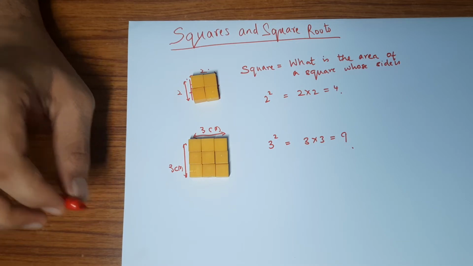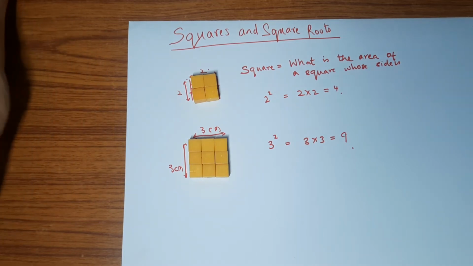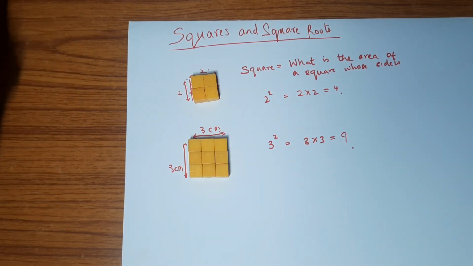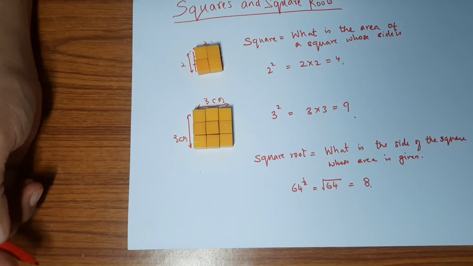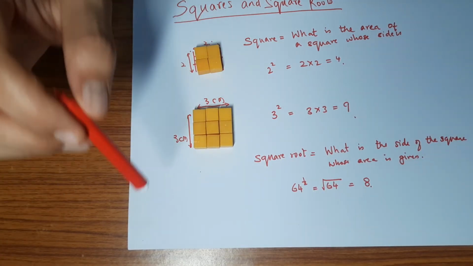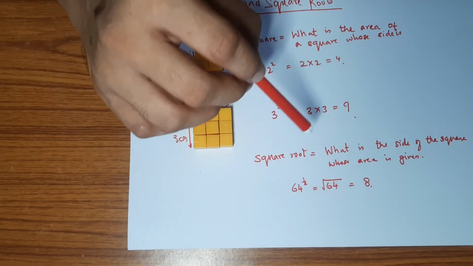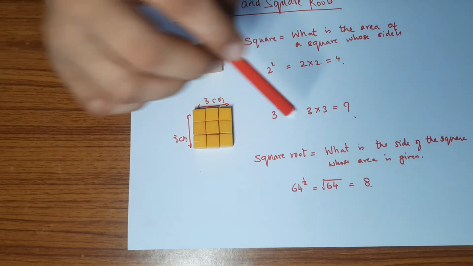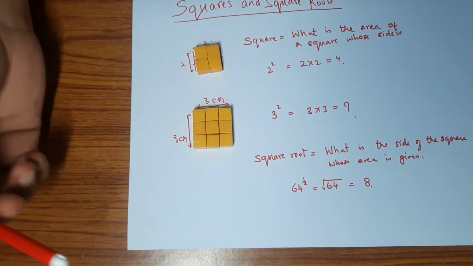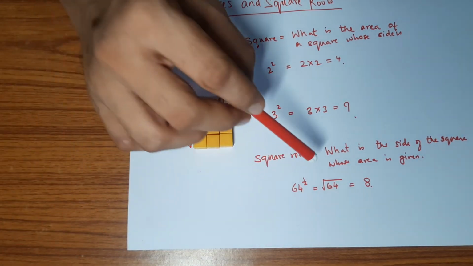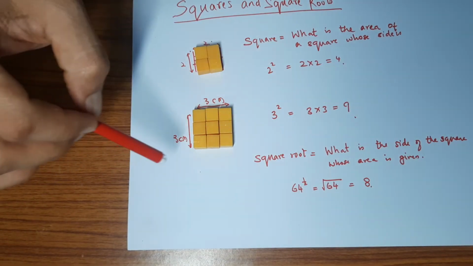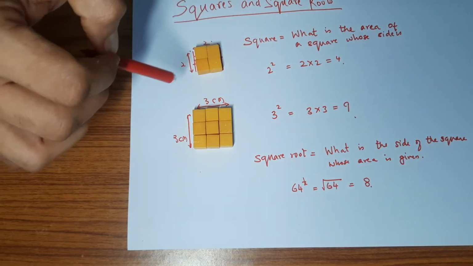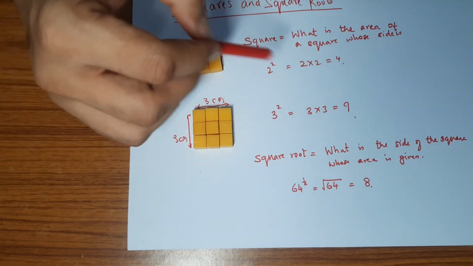So the story of square roots is, if I have a certain area, what is the side of the square that has that much area? So the story again of square root is, what is the side of a shape, in this case a square, whose area is 64, which means there are 64 squares in a shape that is a square.